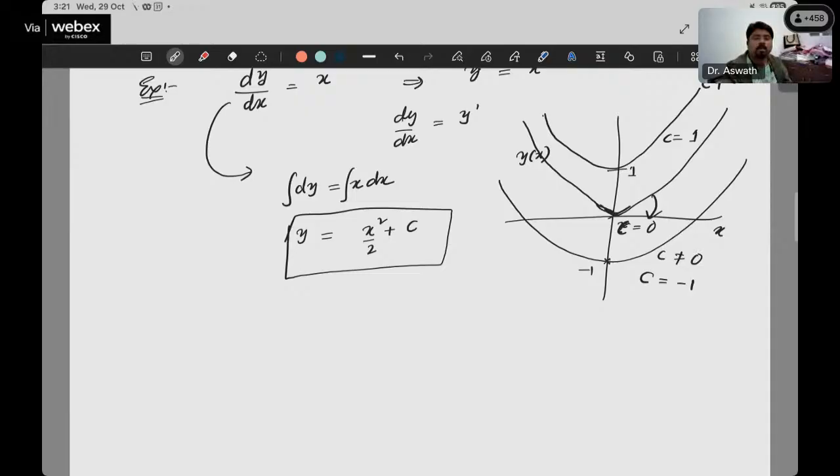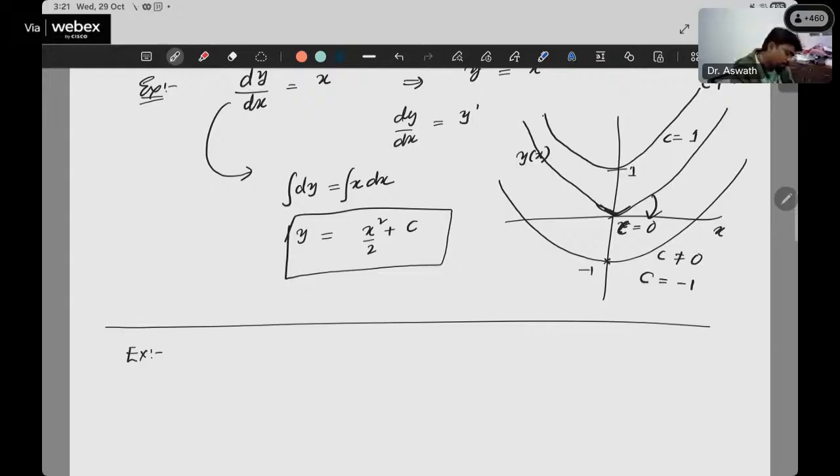Okay, right? Now let's go a little bit further. What I want is a solution to a differential equation like this. This time I'll say y double dash, the second order derivative of y, minus y dash plus 6y.